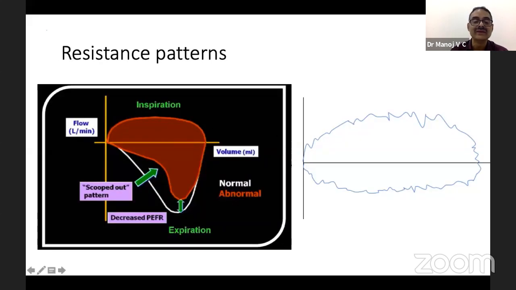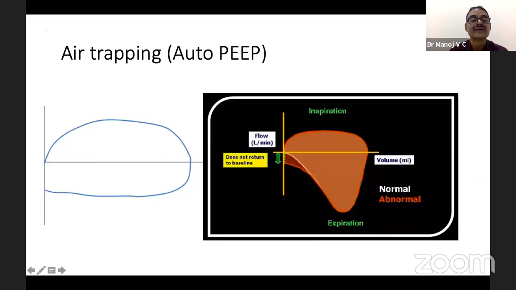Resistance pattern comes in many ways. Usually, resistance pattern first comes in the expiratory limb, and you get the typical scooped out pattern, or you may find this pattern, and when there is a resistance all over, you find a ragged pattern like this all over in the inspiratory and expiratory limb.